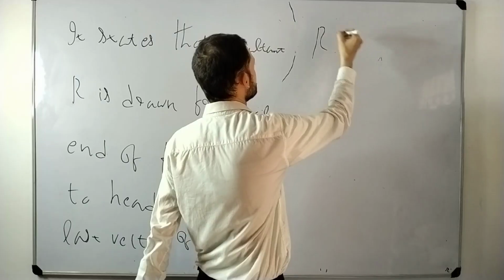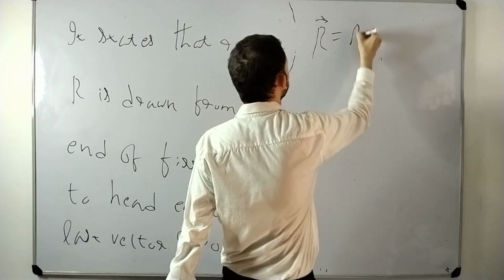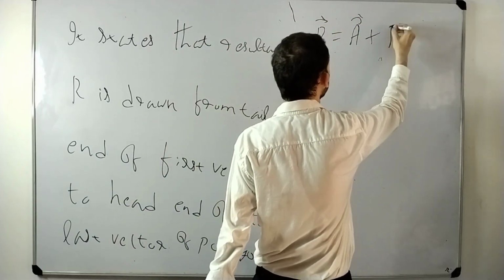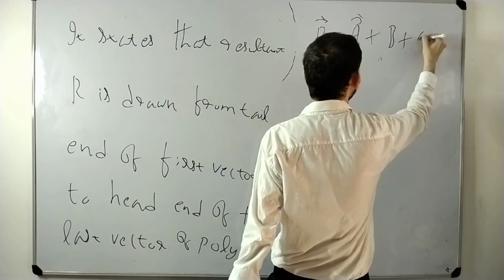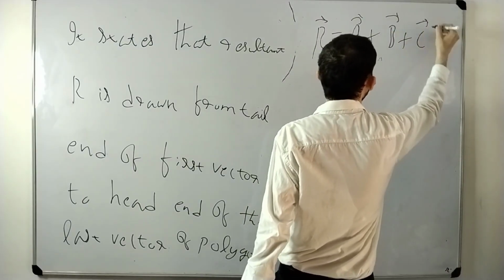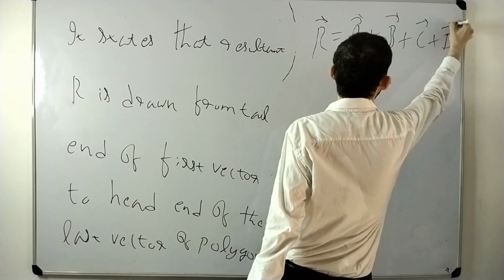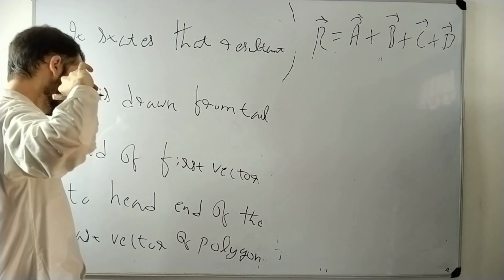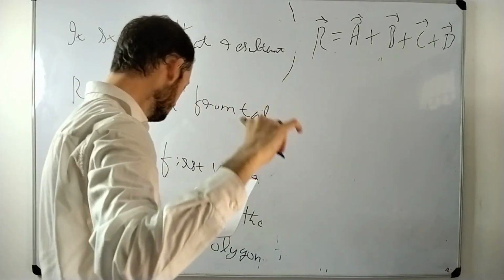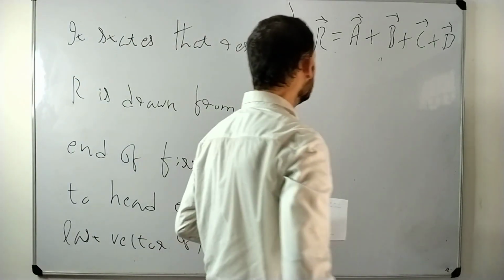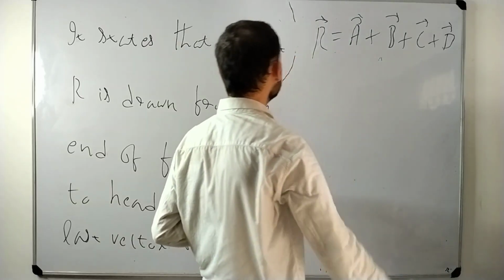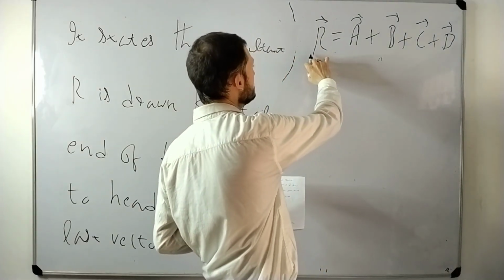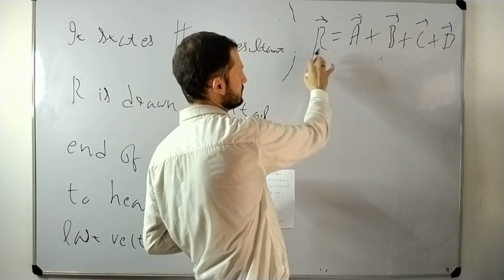Write anything that you like: A plus B plus C plus D. This is actually the meaning of all of it. Right, students? And this could be the E side of the polygon.